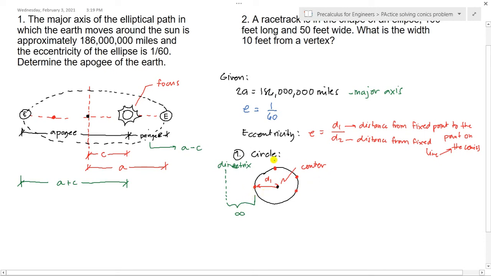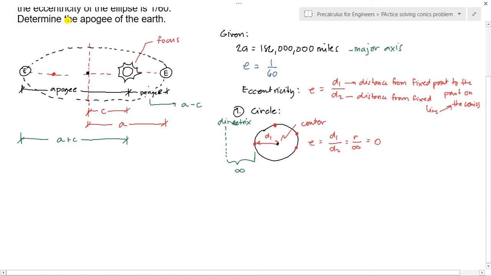So therefore, if we're going to take the ratio, E is equals to D1 over D2. So that is R all over infinity. A certain quantity divided by a larger number, the result is 0. So therefore, for circle, ang value sa iyang eccentricity is equals to 0.